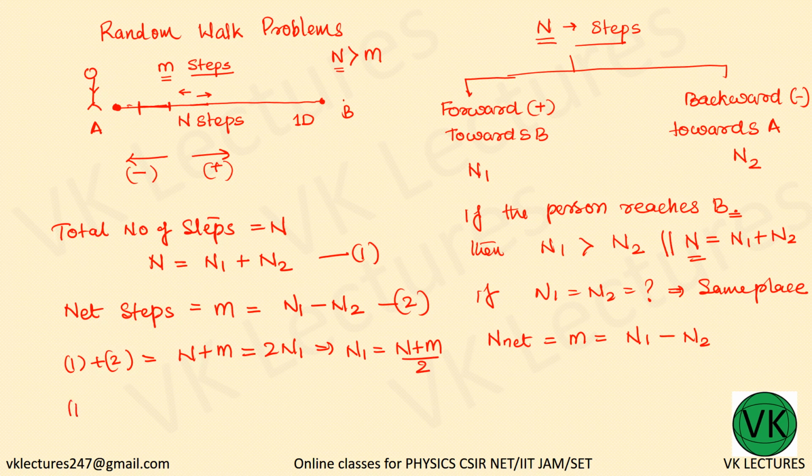And 1 minus 2 gives n minus m, that is equal to 2n2, which implies n2, the number of backward steps, is equal to (n minus m) by 2. So these are the two equations that we need: number of forward steps, number of backward steps. Forward steps are given by positive, backward steps by negative.